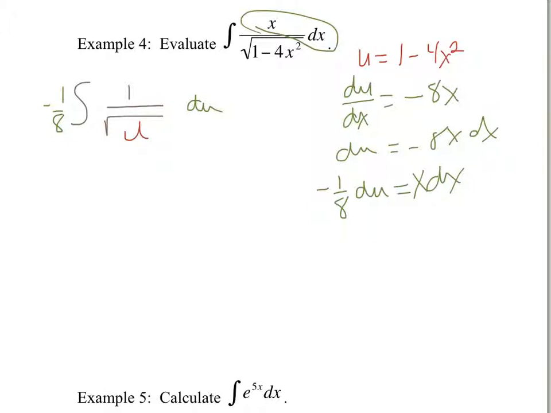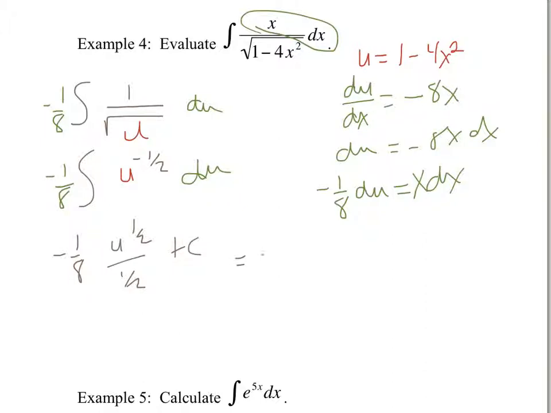All right, so if I'm going to do the antiderivative of this guy, I would have negative 1 over 8. I'm going to go ahead and rewrite this so that it's u to the negative 1/2. So if I do the antiderivative, I have negative 1/8 out front, u to the 1/2 divided by 1/2 plus c.